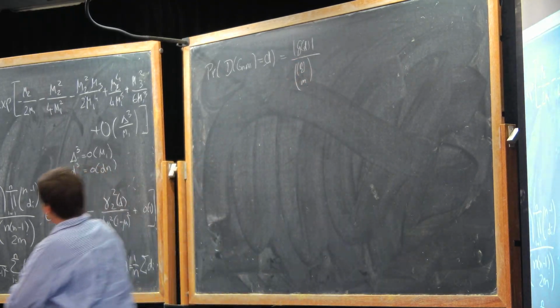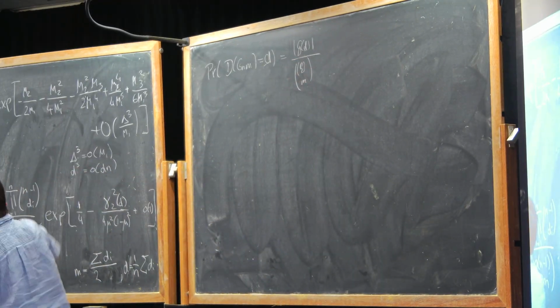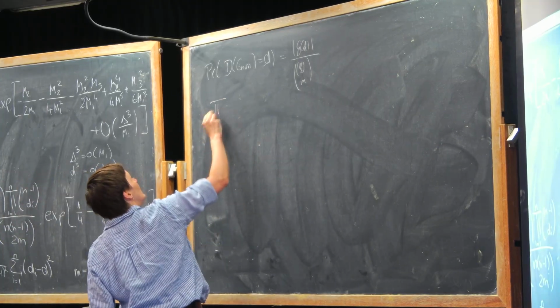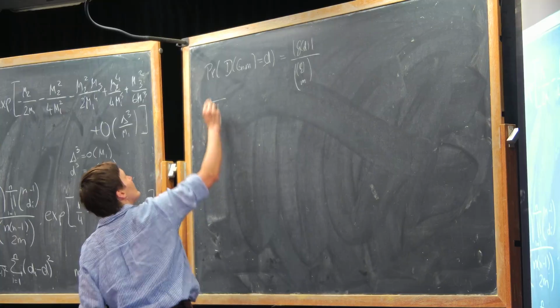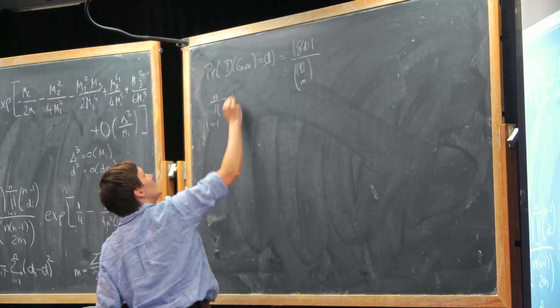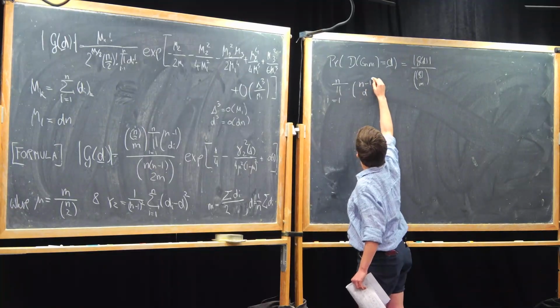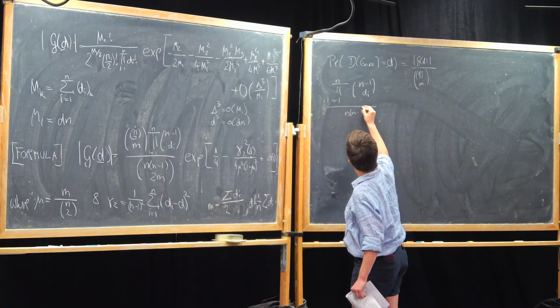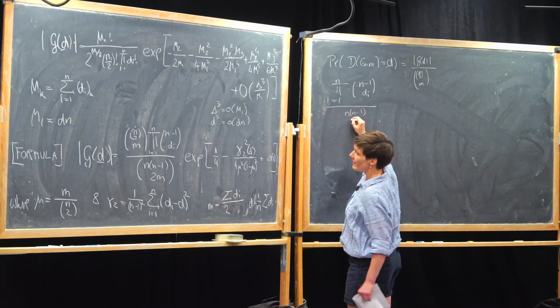Okay? So if we divide this, we see a probability. Now, what's that term here? The product i equals 1 up to n of (n minus 1 choose d_i) over (n times n minus 1 choose 2m).